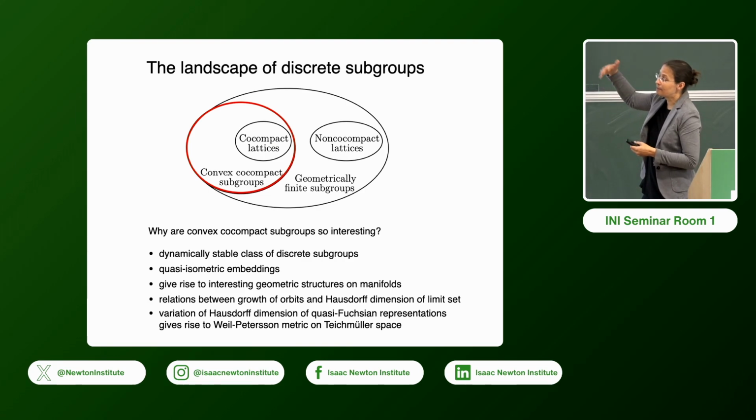I also gave you this example for quasi-Fuchsian representations. This holds more generally for convex co-compact subgroups. They give interesting geometric structures on manifolds.